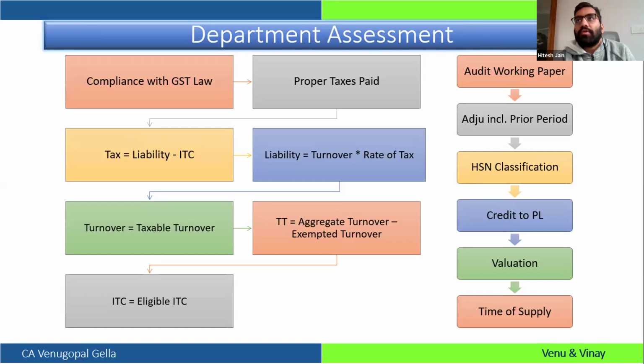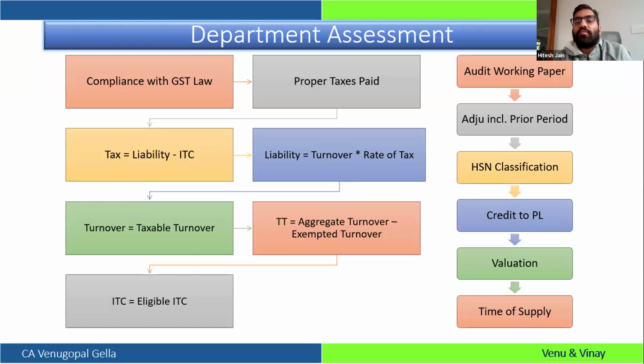But for the purpose of output tax liability, only the taxable turnover needs to be considered, since on exempt turnover there is no GST payable. When it comes to ITC, how much ITC am I eligible to claim? We need to decide it as per the eligible ITC which we have in our books of accounts and which we have claimed in our monthly returns.